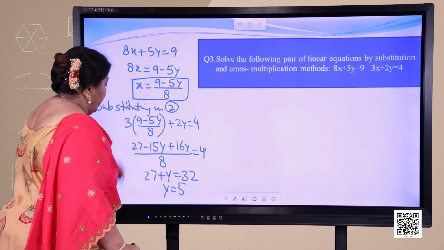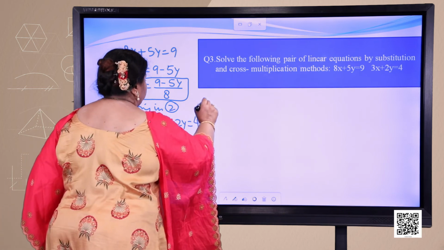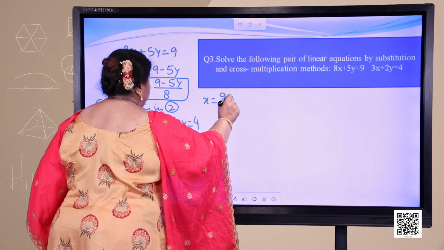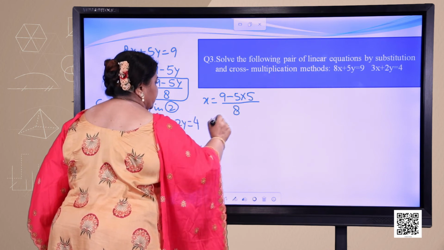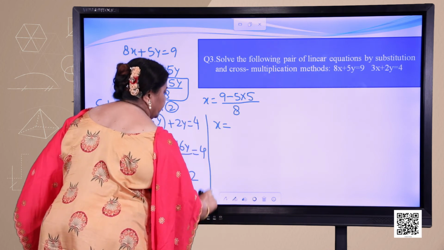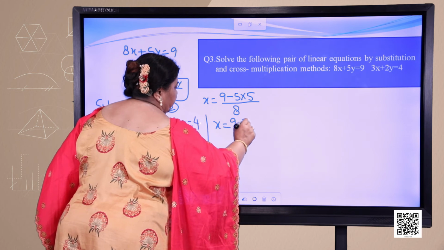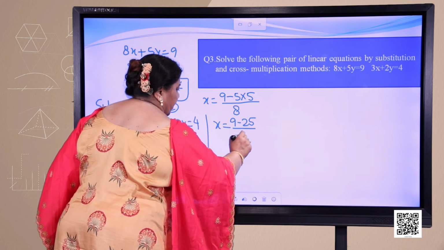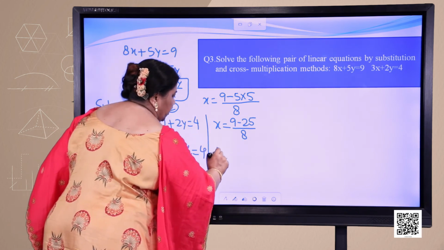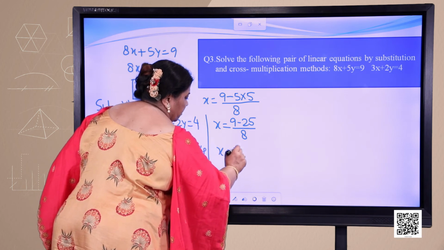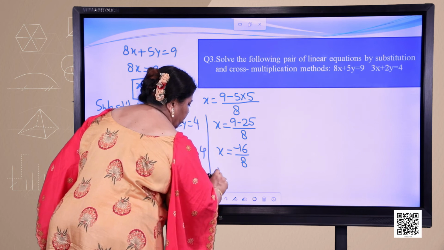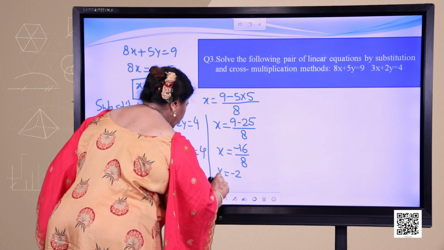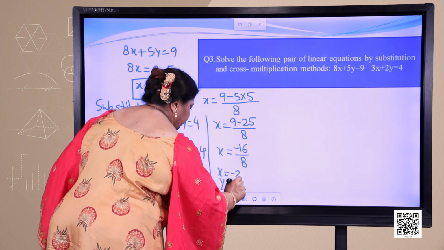Now, let me calculate the value of x. X is equal to 9 minus 5 into 5 is 25 by 8, that is 9 minus 25 upon 8, that gives me 16 minus 16 upon 8 or x is equal to minus 2 and y is equal to 5.